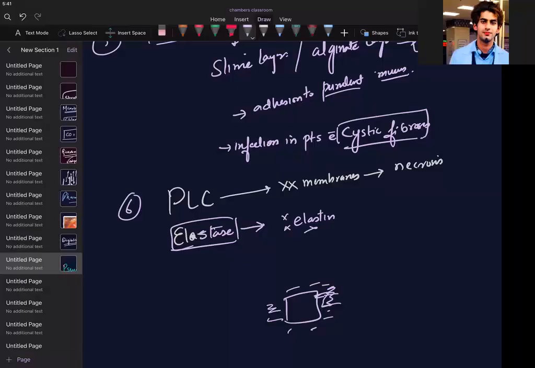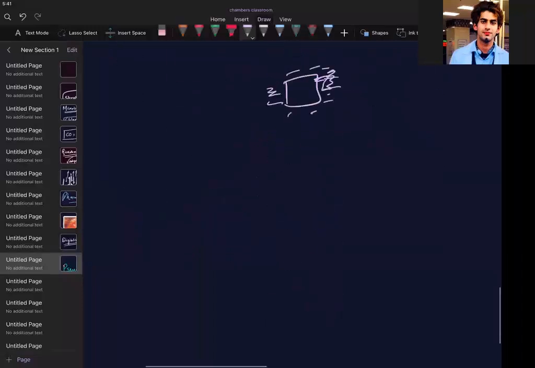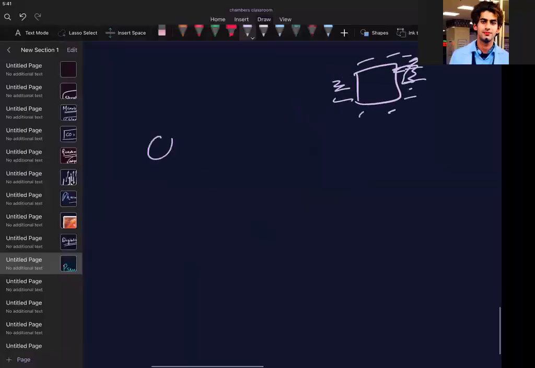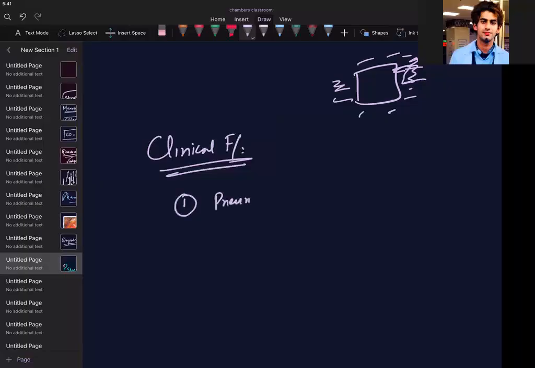Now let us see what clinical manifestations we see. Then treatment and then we finish. Clinical features. Number one, pneumonia. Which pneumonia?